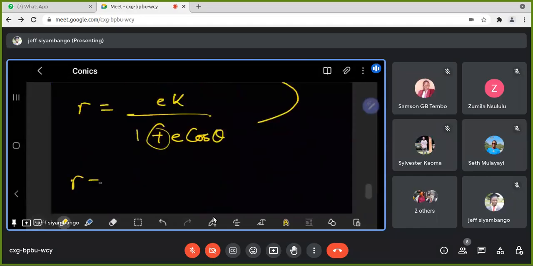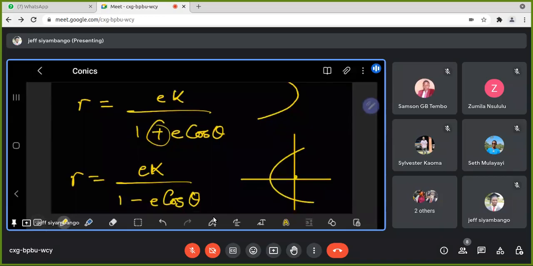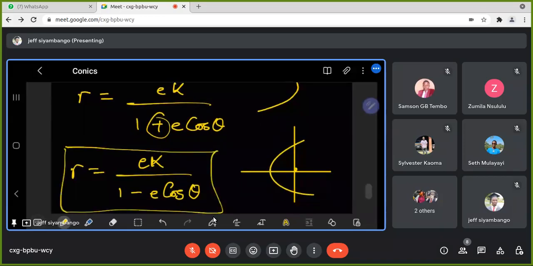What if you have r equals ek over 1, now instead of plus, you have minus, but you are still dealing with cos theta. It implies that the major one opens to the right. Again, by major, I'm just talking about the piece whose focus is at the origin, opens to the right in this case. Then we expect it to have this form.